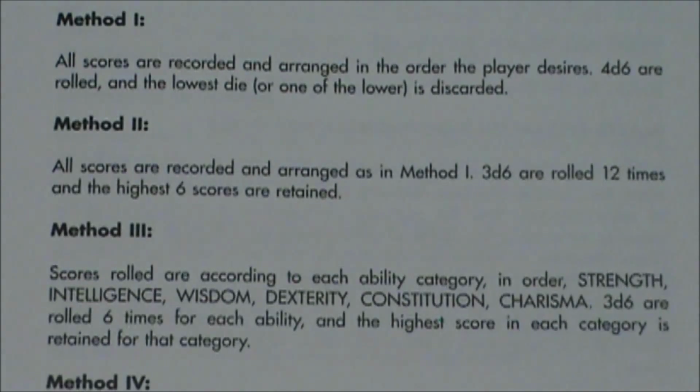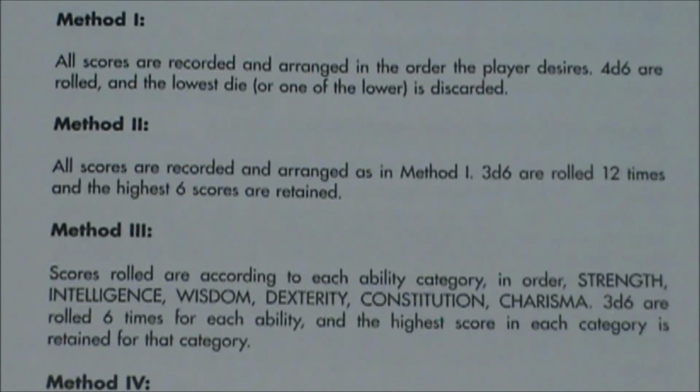So you're still only going to end up with 3 d6, but you throw away the lowest one. This improves your chances of having a better ability score. Method 1, I think, is probably, from my experience, the most widely used.